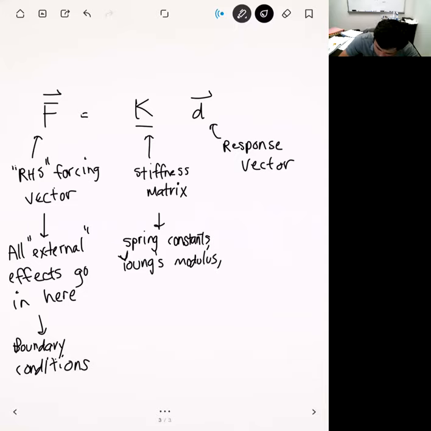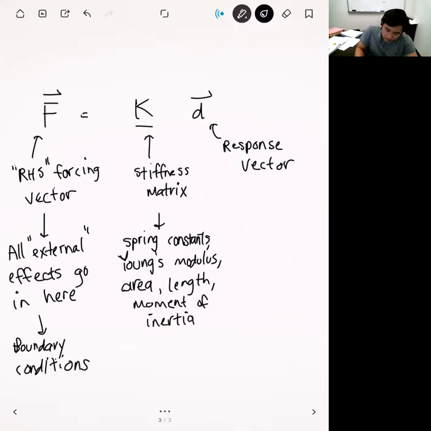We have area, length. And in the case of beams, which is unique, we have the moment of inertia of the cross section. There's a lot that can go into an element stiffness matrix, and if you look at different kinds of structures, other things can go in here as well.